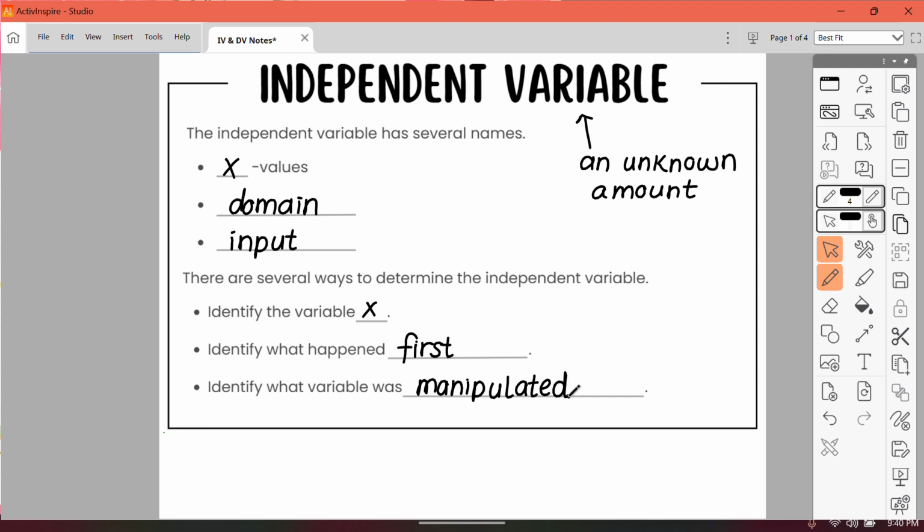Now, if you were here in class, I would ask you what manipulated means. Feel free to answer at home. But basically, it means whatever was changed. So if a word problem is describing an experiment or something that the person is changing, that's going to be your independent variable. All right.